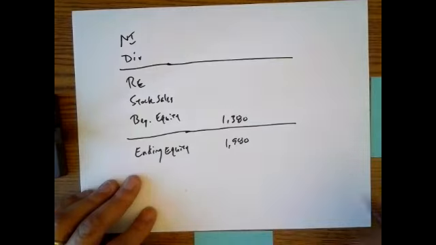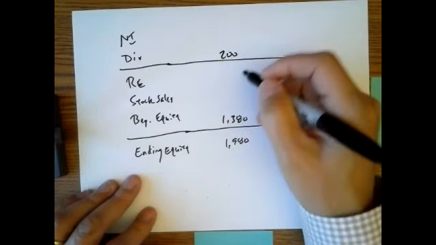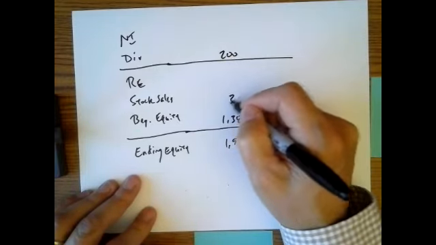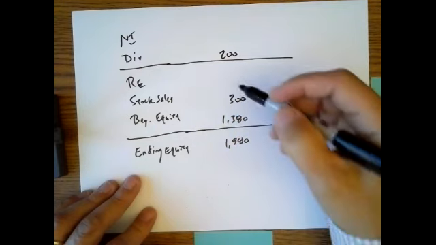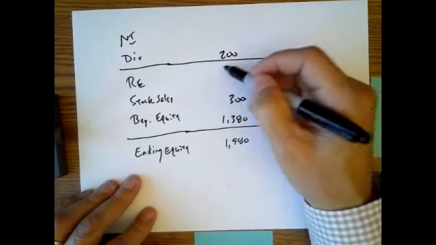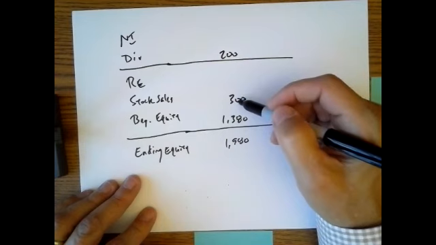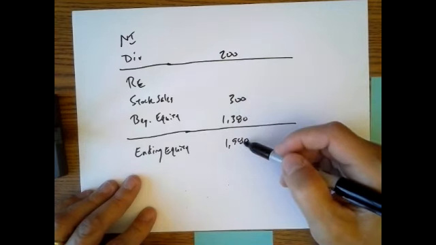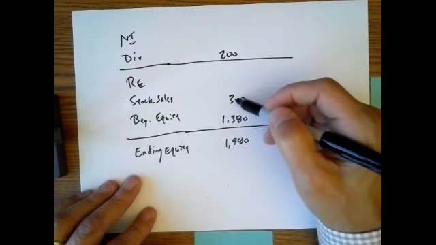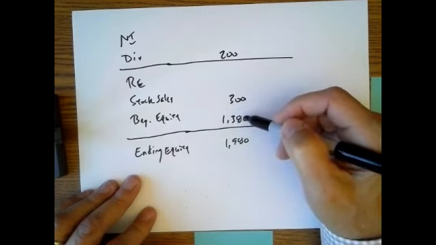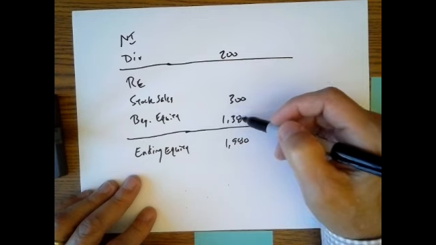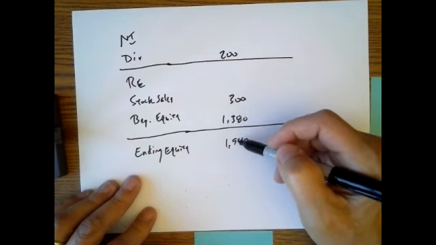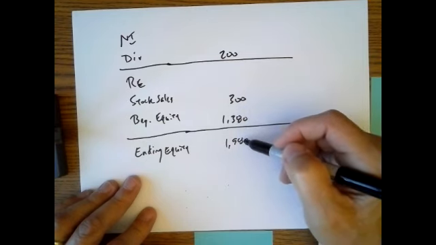We know we're paying out dividends of 200,000. We have stock sales of 300,000. So whatever this is plus 300 plus 1.38 has to add up to 1.98. Well, 300 plus 1.38 is 1.68, right? So what do we need to add to 1.68 to get 1.98?